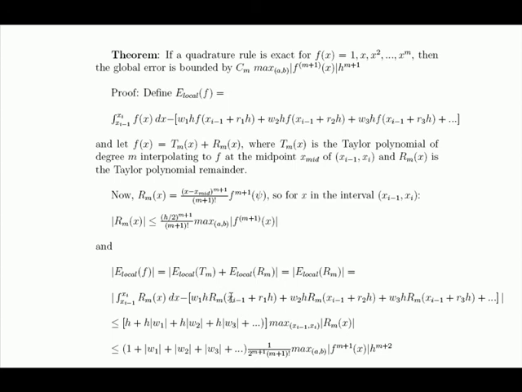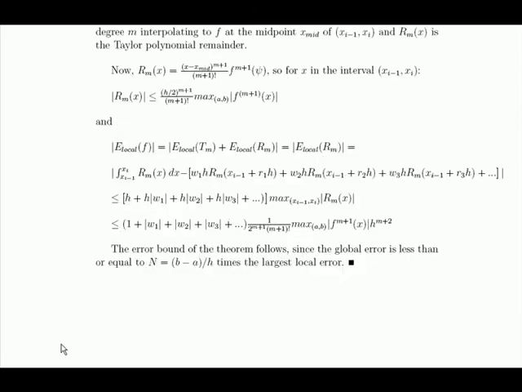So take out the maximum value of absolute value of Rm, and you get h from this integral, h times absolute value of w1 from the first term, and so forth. And now using the previously determined bound on R, we have the following.